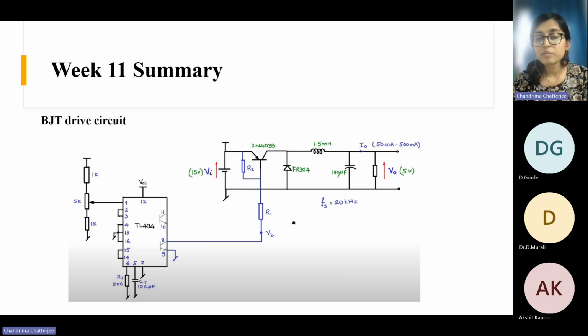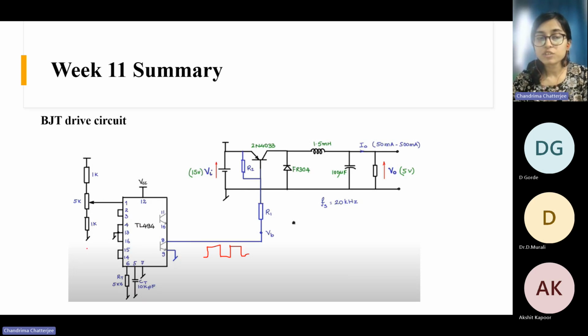It is employed to provide the gate pulse, the base high or low. When it is high, the base current will be provided here, and when it is low, there will be no base current. You can refer to the lecture series for the operation of this one. I will just tell it briefly.